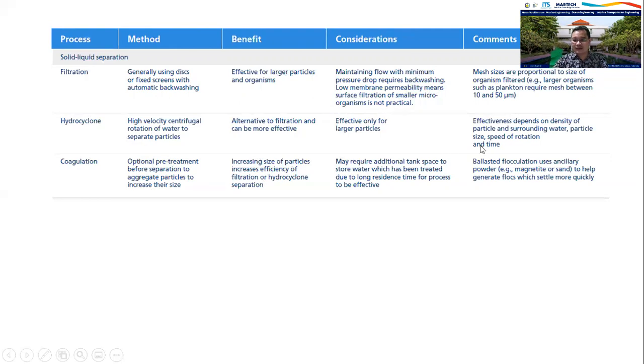Effectiveness depends on the density of the particles and the surrounding water. This one is coagulation, which is basically an optional pre-treatment before separation to aggregate particles to increase their size. The benefit is increasing the size of the particles, increasing the efficiency of filtration or hydrocyclone separation.